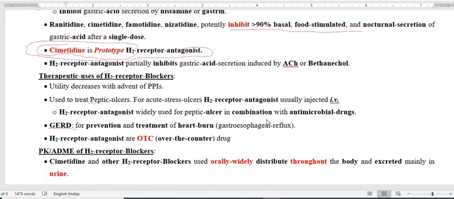A very important point with this group of drugs, the H2 receptor blockers, is that they are OTC drugs. OTC drugs are those for which a prescription is not required to purchase the drug. So these H2 receptor blockers are over the counter drugs, and they can be sold without a prescription. So this is very important.